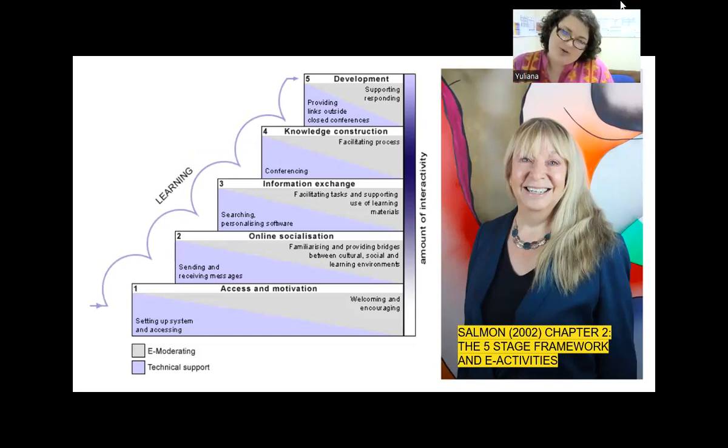The darker triangles are related to technical support, like teaching technical skills such as computer literacy, and the paler gray triangles look at the emotional support, the EQ side of things, that you need to make sure is present.